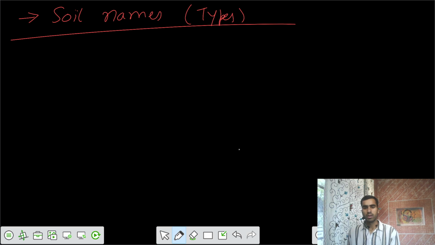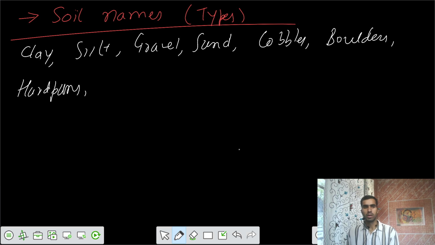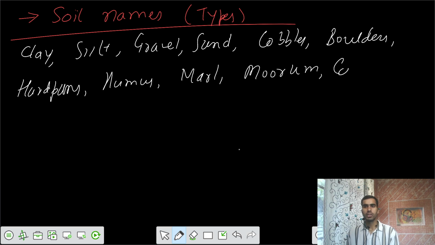First one is simple clay. Clay can be there, silt, gravel, sand, cobbles, boulders. After that we have hardpans, humus, marl, morum, caliche, different names.